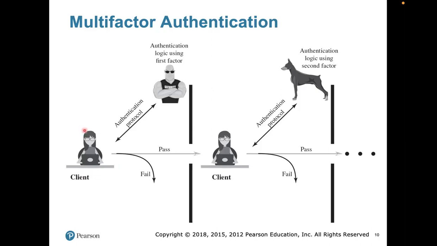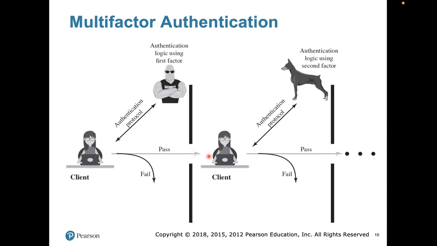So here the client comes, the first authentication protocol uses one factor, one token, and of course it's identification information and credentials. If the user or the client passes the first one, it goes to the second one, and now it's time for checking the second authentication factor.